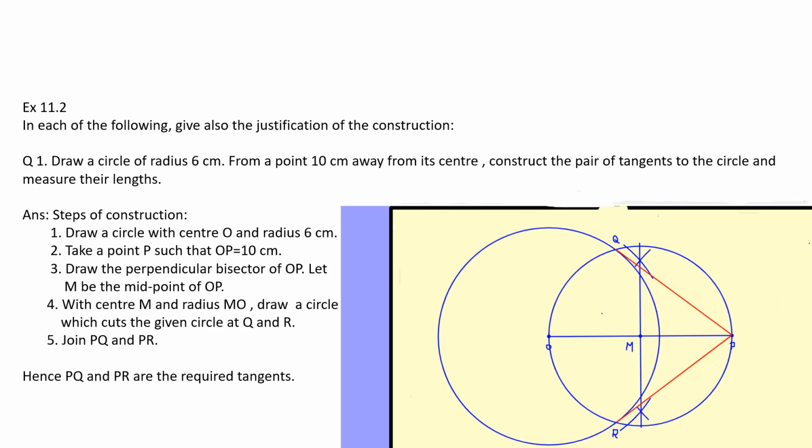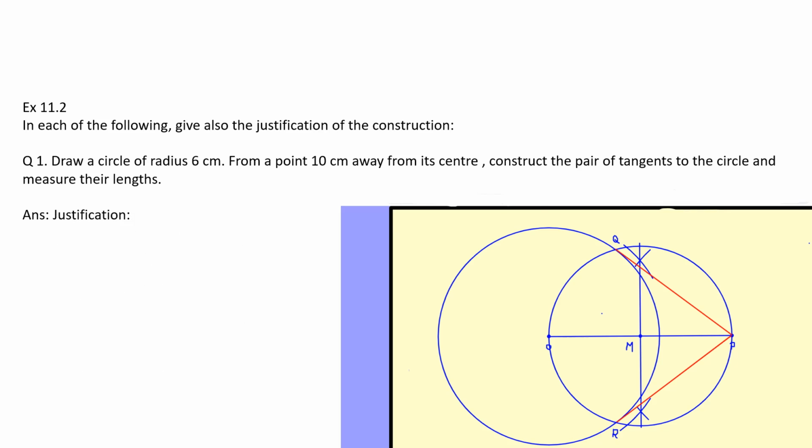So you can see that PQ and PR which you got are the required tangents. Now we will give the justification of what we have said, that is, how we are saying that PQ and PR are acting as the tangents to the given circle.